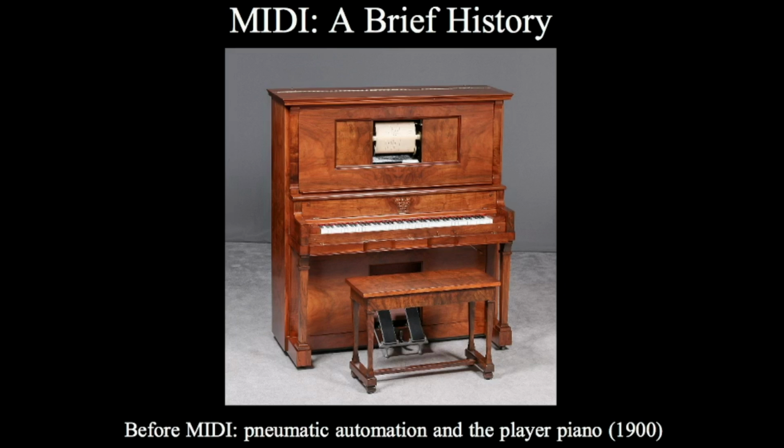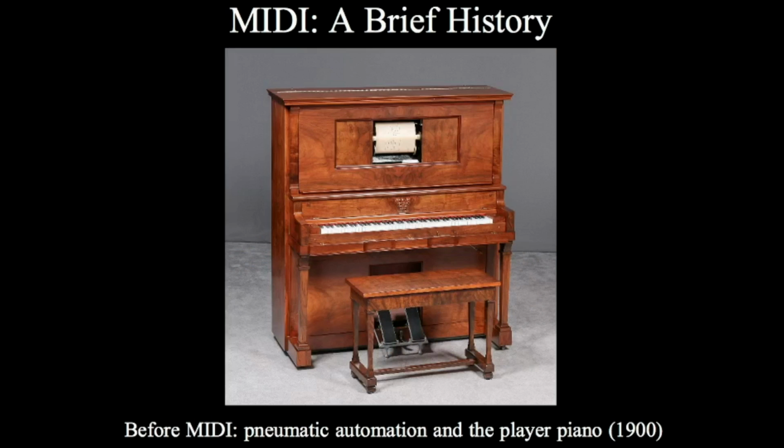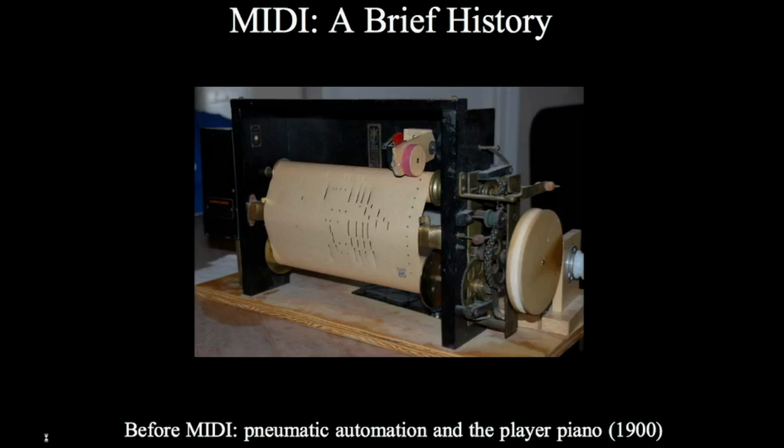So how does this mechanism work in the player piano? Here is a closer look. So I'm going to go back to the previous slide. You can see above the keyboard, where you might be looking at the sheet music, there is this opening into the piano, and what that is, is a piano roll.